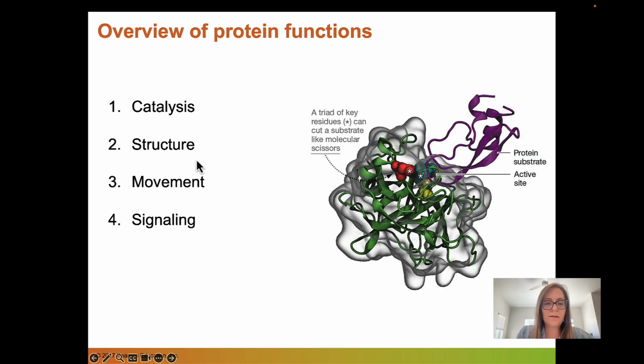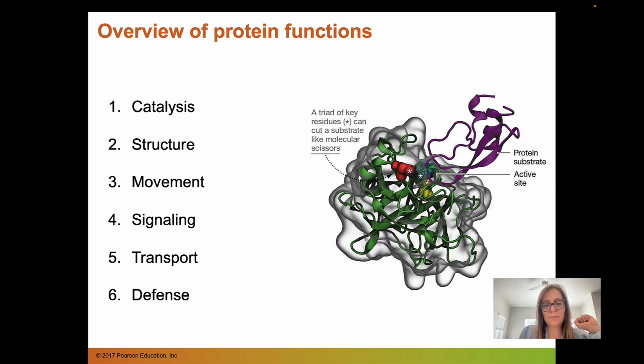Proteins can also play a really important role in structure, like in your hair and your nails, which are made of keratin. In movement, we'll talk a lot about the actin cytoskeleton, which helps cells crawl. Proteins play an important role in signaling. We'll talk about the function of insulin and how it signals for the release of glucose into the blood.